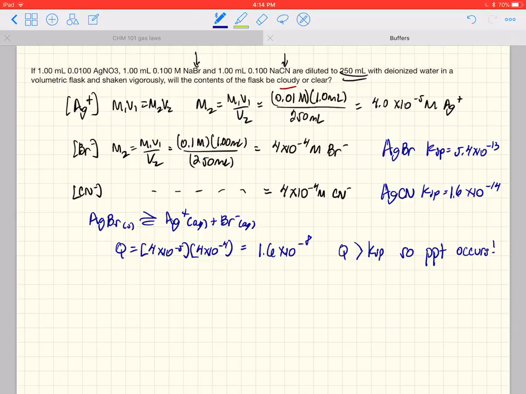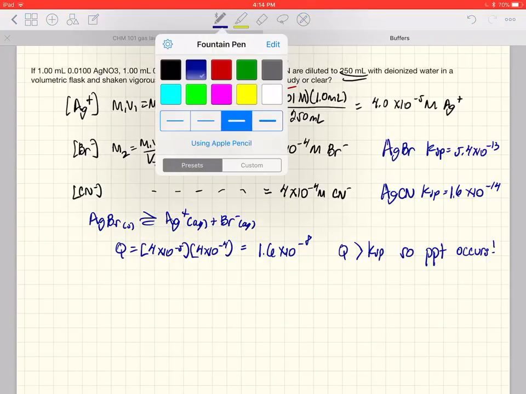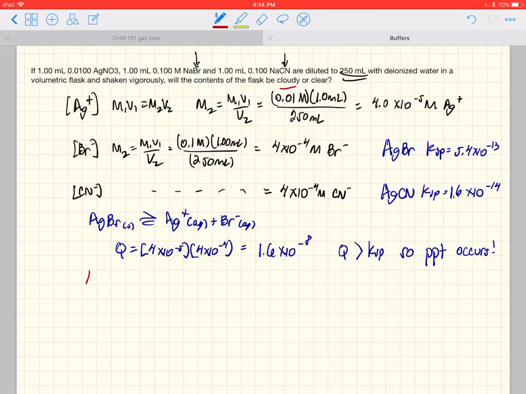We've answered the question, but let's see if silver cyanide precipitates. So that equation looks like this. Notice that in these balanced chemical equations, there's just one of everything. The coefficients are 1, so it's a little bit simpler to do this type of problem here. Q is the silver ion, which is 4 times 10 to the minus 5, times cyanide, CN minus, which is 4 times 10 to the minus 4 molar.